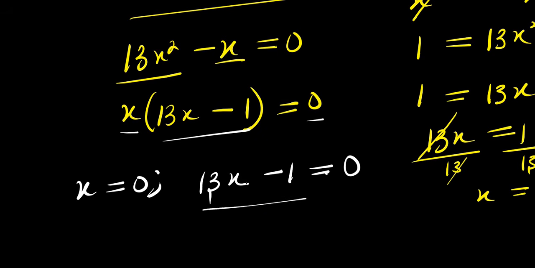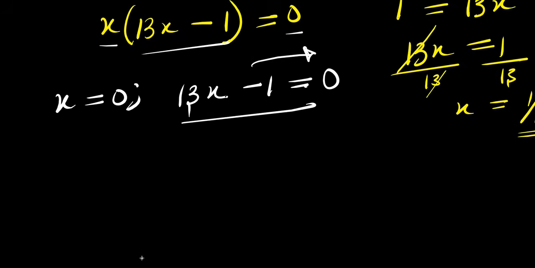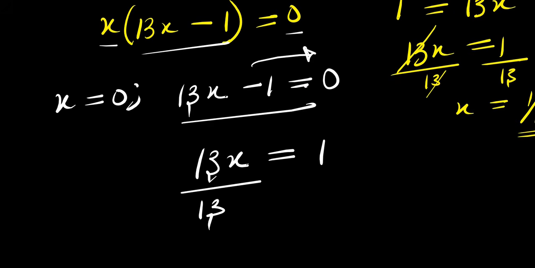So to solve this, I simply move negative 1 over here. So I'm going to have 13x equals 1. Then I can solve for x by dividing this by 13 and dividing this by 13. So 13 eliminates 13.